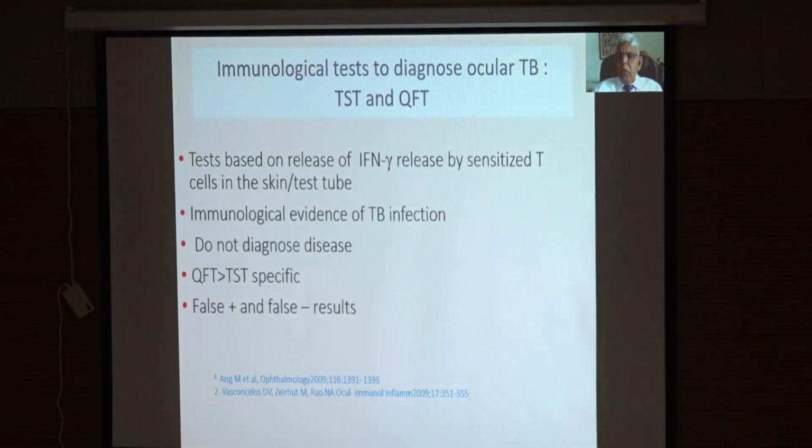The test, both the skin test or Mantoux that you're aware of, or the QuantiFERON test, they both depend on the release of interferon gamma by the sensitized, TB-specific T cells, either in the skin when you're doing a Mantoux test, or in a test tube using ELISA, you measure the quantum of interferon gamma released by these sensitized T cells which are present in the peripheral blood of the patient.